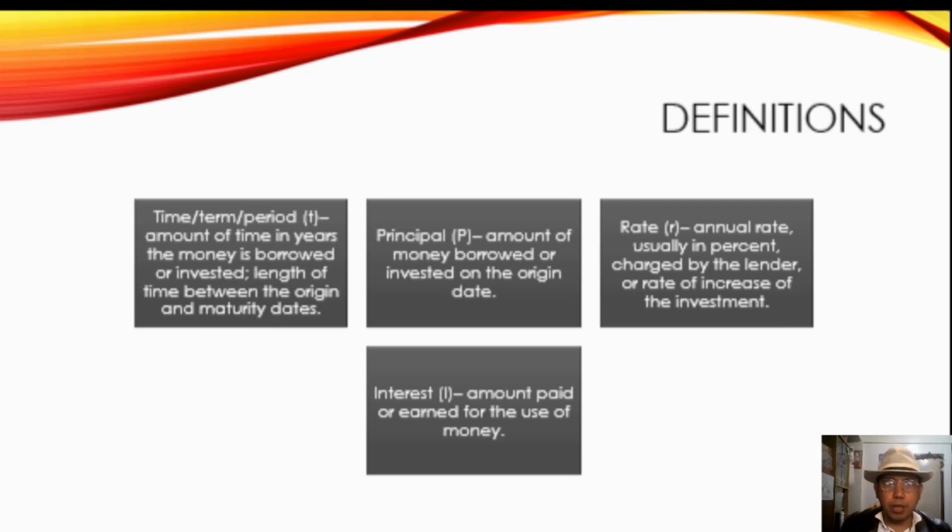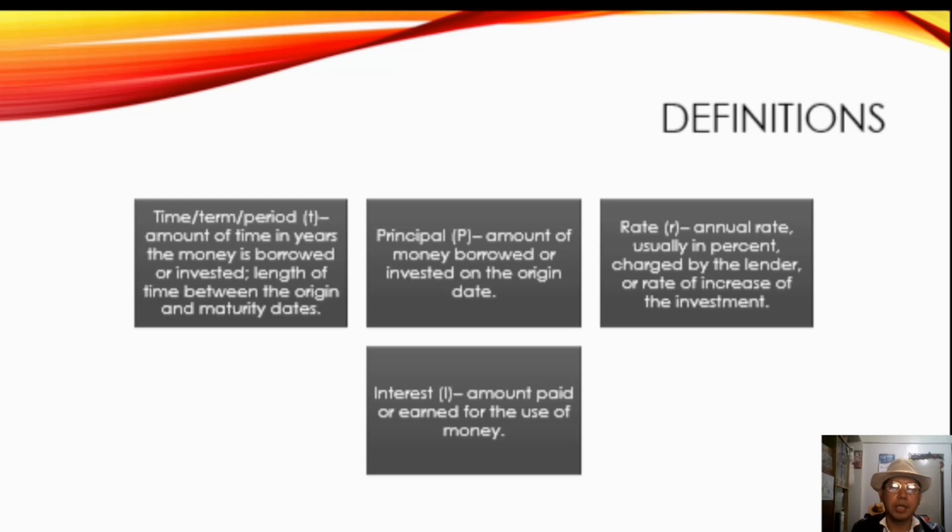So when we say time, term, or period, it is an amount of time in years the money is borrowed or invested. Or in another term, it is actually the length of time between the origin and the maturity date, or the loan date and the maturity date.